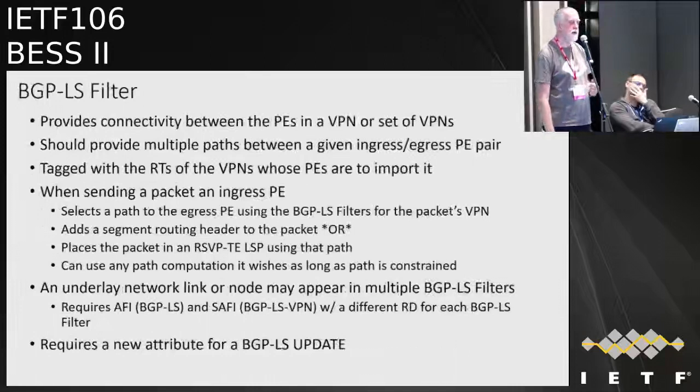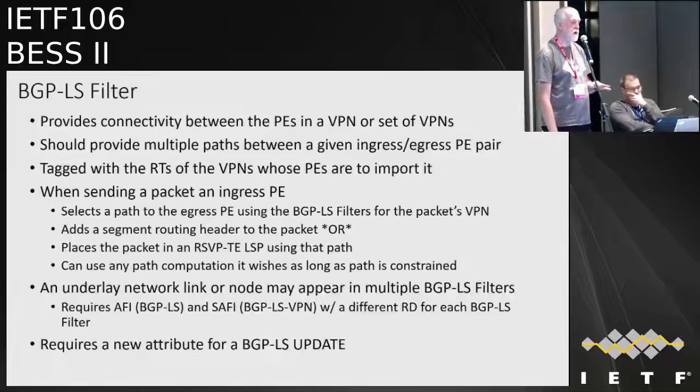So the key to this is the BGP-LS filter, providing a view of the connectivity between the PEs for a particular VPN or for a set of VPNs. And that's where we come into slicing. In the concept of slicing, you're partitioning the core resources and using them for a class of services, which may be multiple VPNs.